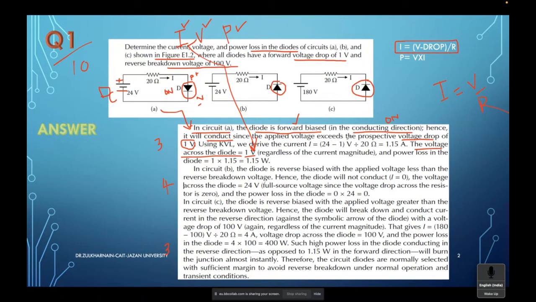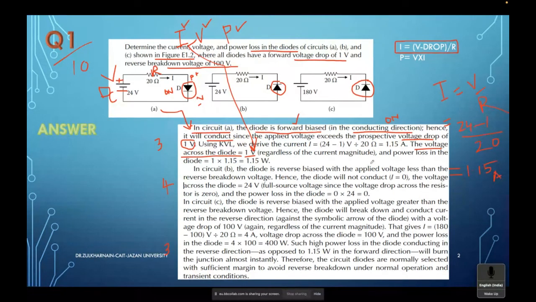So current in the first case is equal to voltage applied minus voltage drop, divided by resistance. What is the voltage applied? This is 24 volts. And what is the voltage drop? 1 volt. So 24 minus 1. And what is the resistance here? This is the resistance, 20 ohms. In all of the cases, you have a resistance of 20 ohms. So 24 minus 1 by 20, if you have a calculator, you can check, that comes to 1.15 ampere.